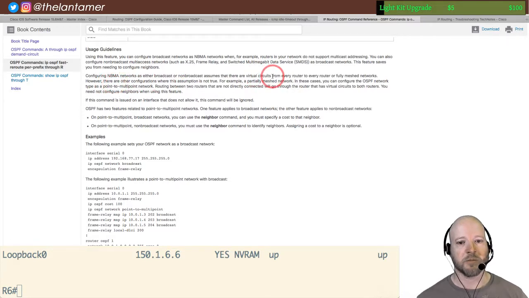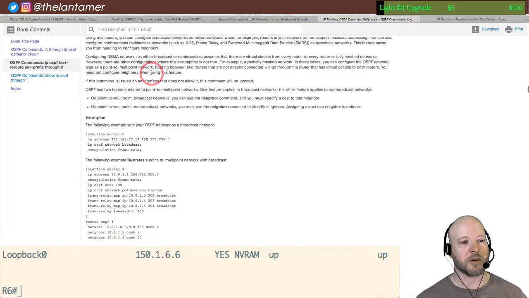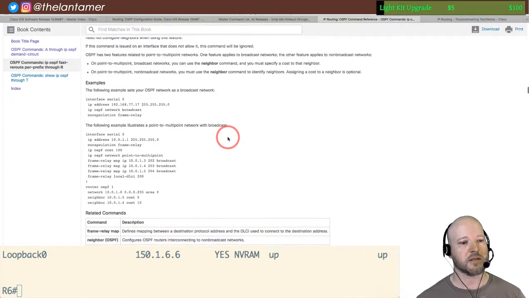For example, partially mesh network. In these cases, you configure OSPF network type as point to multi-point network. Routing between the two routers that are not directly connected will go through a router that is virtual circuits. Yes. Okay, if this is issued on an interface that does not allow it, the command will be ignored. OSPF has 2 features related to point to multi-point networks. Yeah, we talked about that, broadcast and non-broadcast.